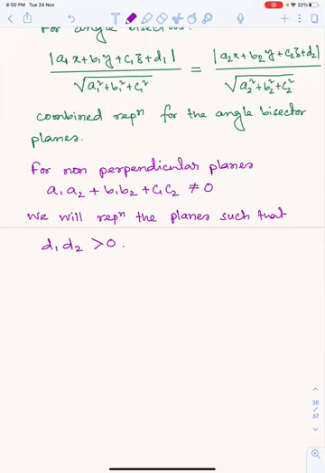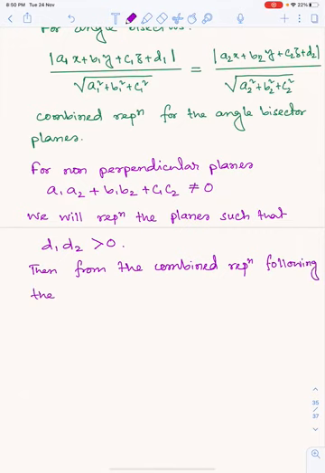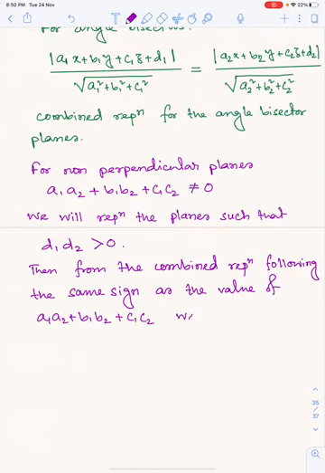Then from the combined representation, following the same sign as the value of A1A2 plus B1B2 plus C1C2, we must get the obtuse bisector.